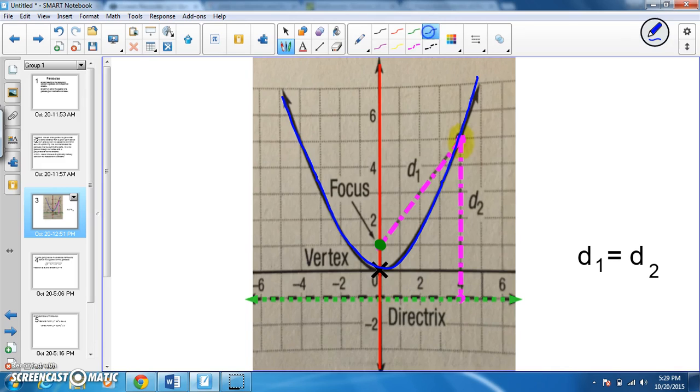The distance from any point on a parabola, we have this point chosen, the distance from this point to the focus and the distance from this point to the directrix will always be equal. We also said that from the vertex, which is the maximum or minimum of a parabola, the distance from the vertex to the focus and to the directrix will also be equal.